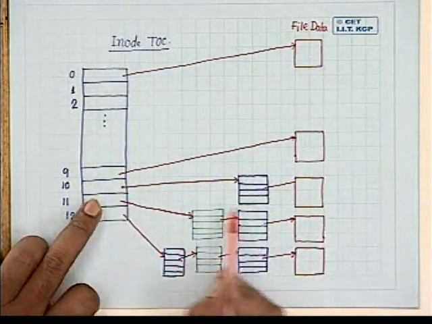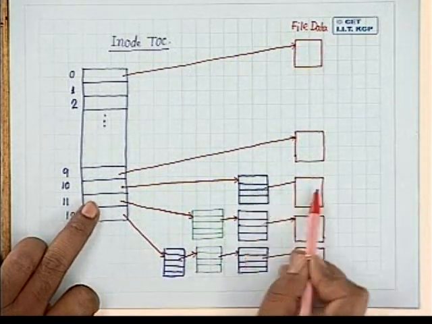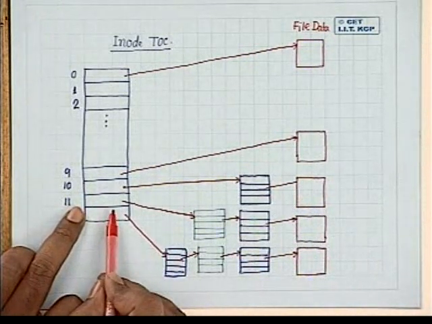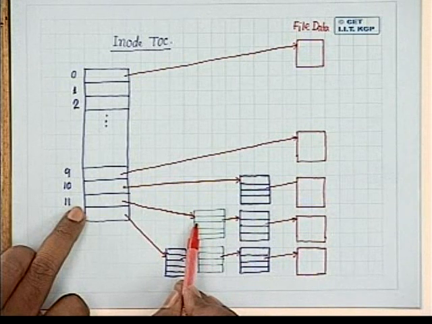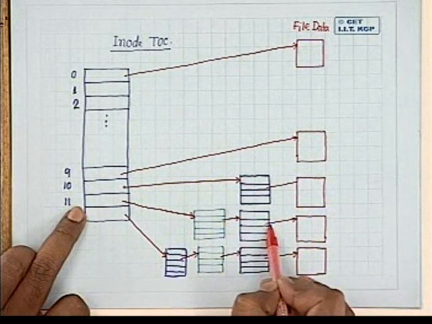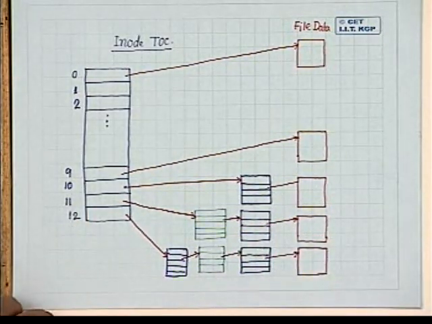So this entry points to a block which in turn contains a set of pointers. Each of them points to a block that contains the file data. For double indirect, this points to a block containing a set of pointers. Each pointer points to another block that contains a set of pointers. Each of these pointers point to file data. And similarly for triple indirect pointer.